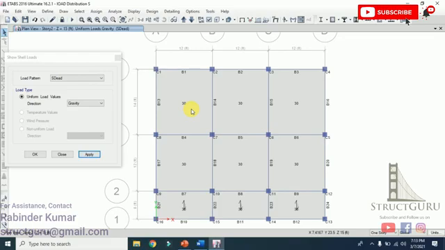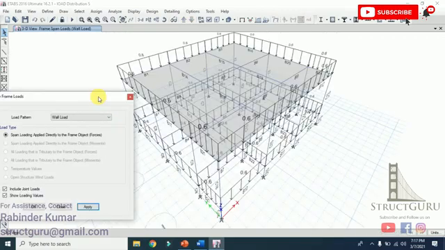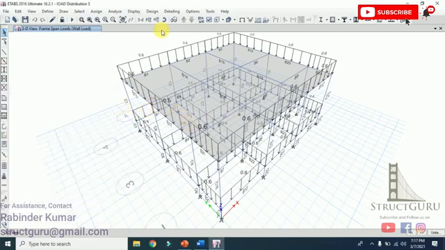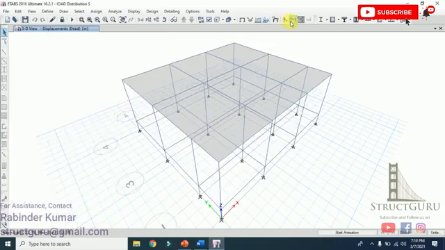As far as loading is concerned, super dead is applied as 30 psf, and live load is applied as 40 psf. I have also applied the wall load along the beams. At roof level, the wall load is applied along the perimeter of the plan, which is 0.6 kip per foot, and at the ground floor level, the load is applied on all the beams. Now let's go for the analysis.